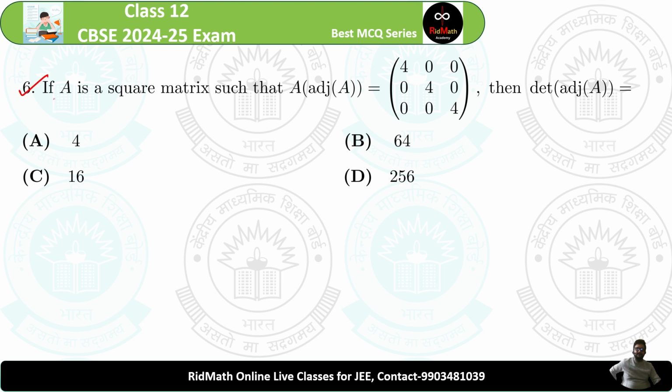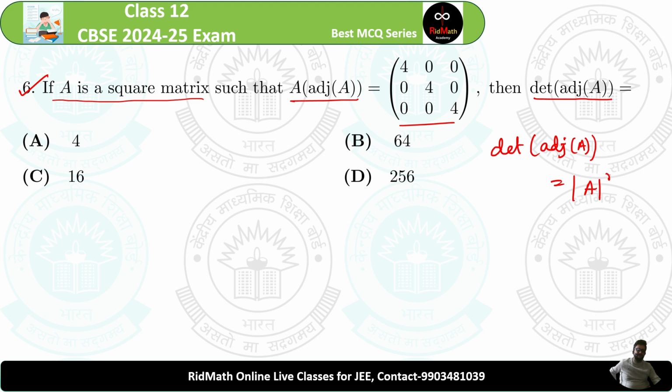6. If A is a square matrix such that A into adjoint of A equals this, then what is the determinant of adjoint A? Before that, consider this theorem. The determinant of adjoint of A is equal to determinant of A to the power n minus 1.